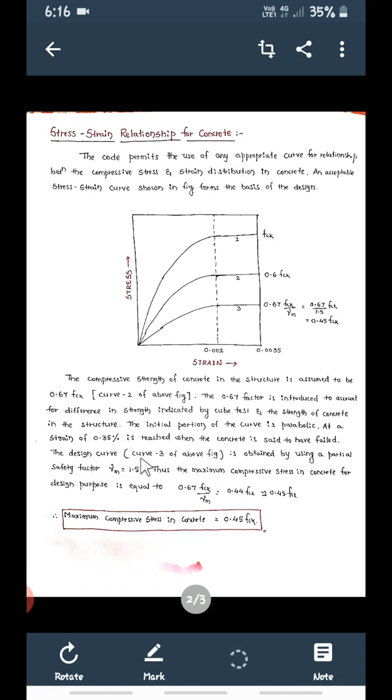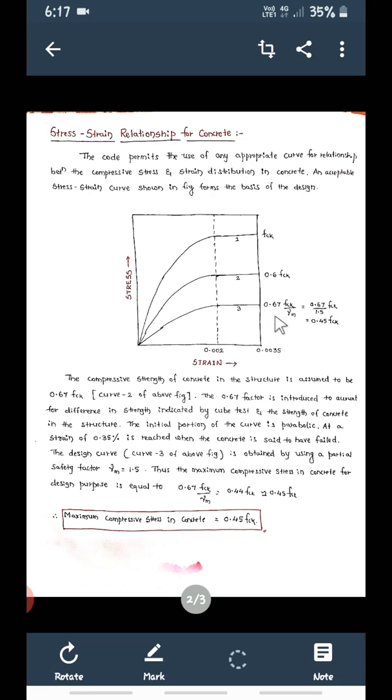The design curve, that is curve number 3, is important. This curve is obtained by using a partial safety factor gamma m, that is 1.5. This is concrete, so gamma m will be used as 1.5. Now see, the initial fck will be higher, then the factor we are going to multiply, 0.67 into this fck, gives the second curve.